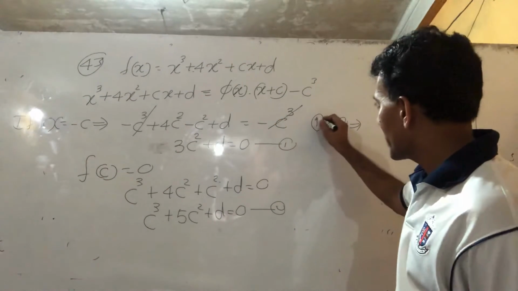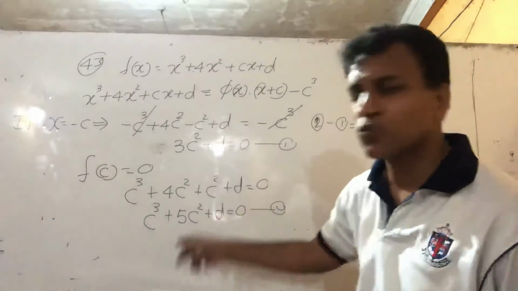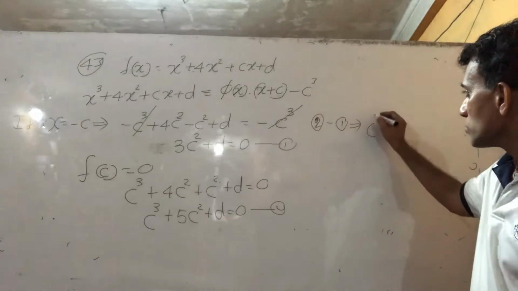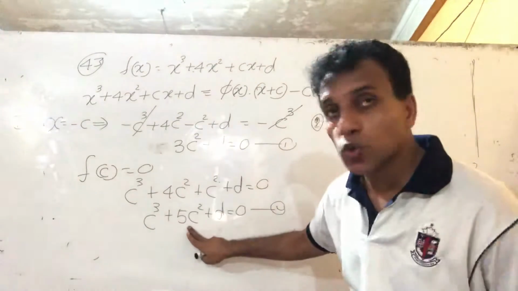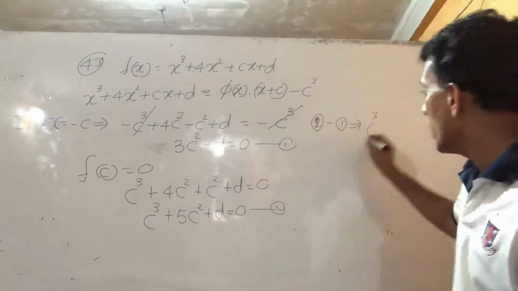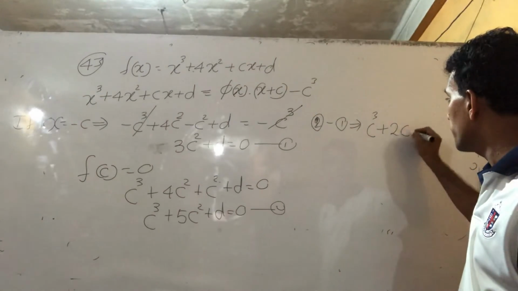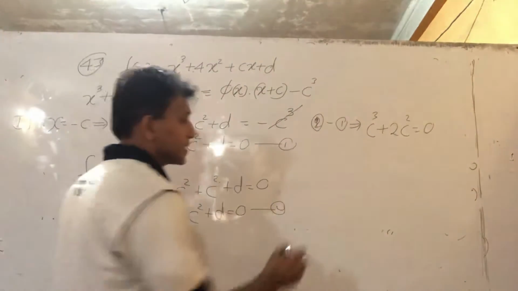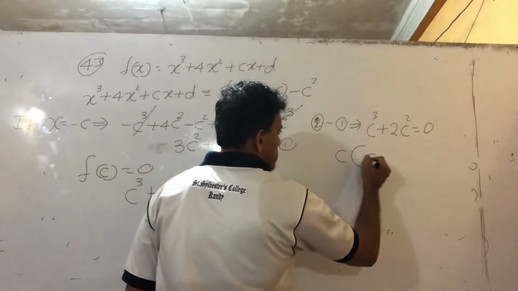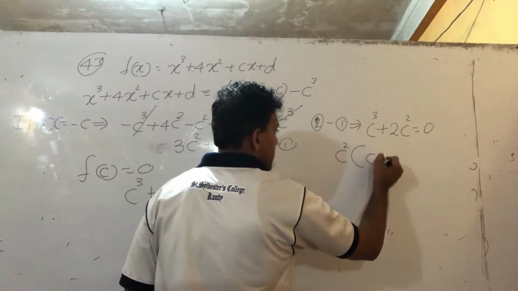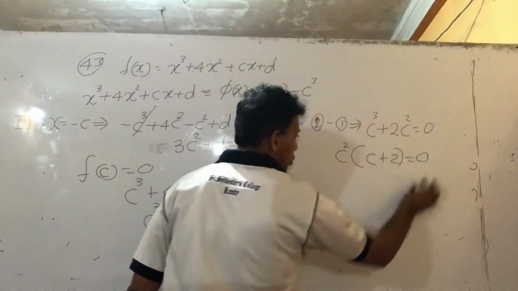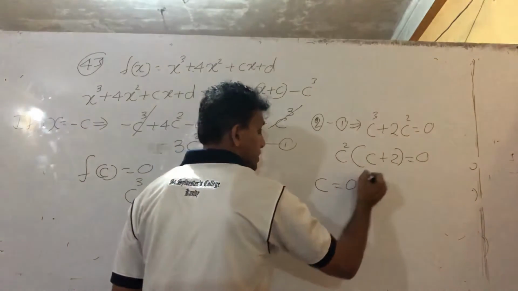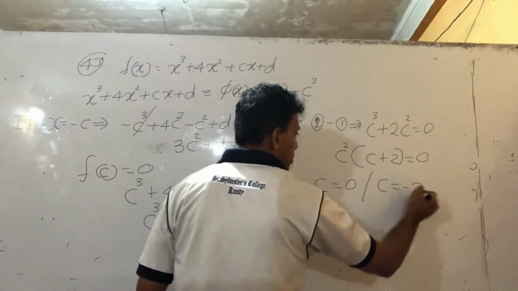Otherwise, better I take the second minus the first, because there is a power of cube here, c cube. 5c square minus 3c square plus 2c square equal to, d cancels. Now factorize, take c square out, then c plus 2 equal to 0. Then we know c square is 0, so c is 0 or c equals minus 2.